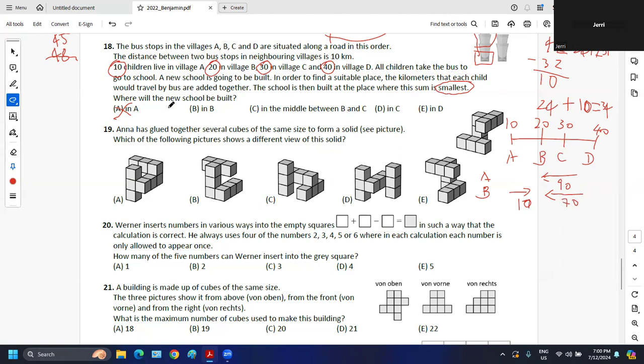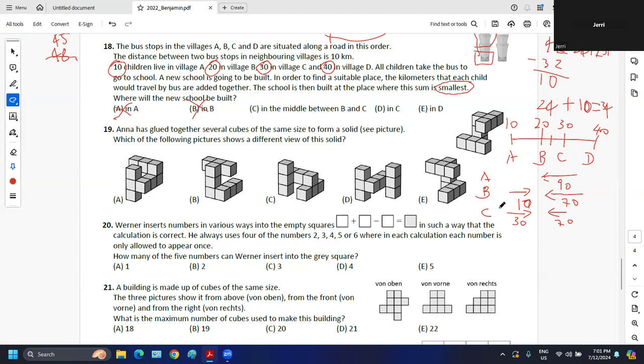Now we'll try C. If it was C, then there would be 30 running right and 70 running left. But still not the smallest.